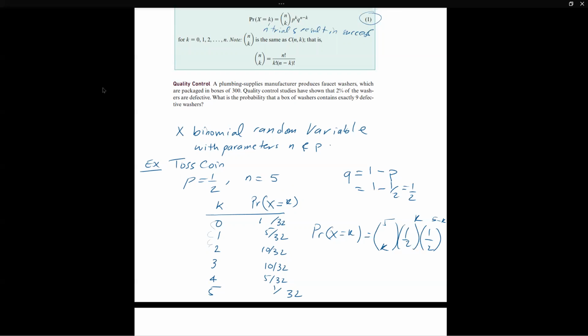And as we did previously for the combinations, to calculate these you probably want to use the calculator, and you have the buttons there. If you use a TI-84, you have the buttons in it, or any scientific calculator, you'll be able to figure it out. Of course, we need to expand the formula, and then we will calculate this.